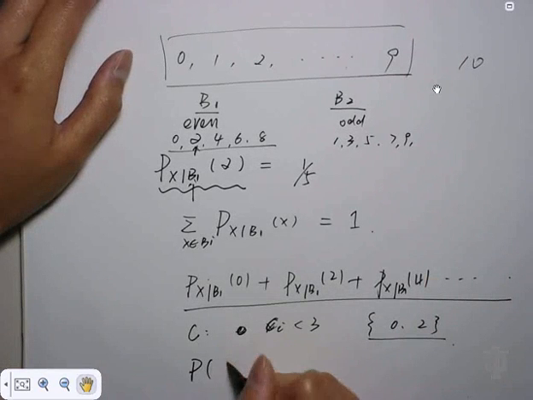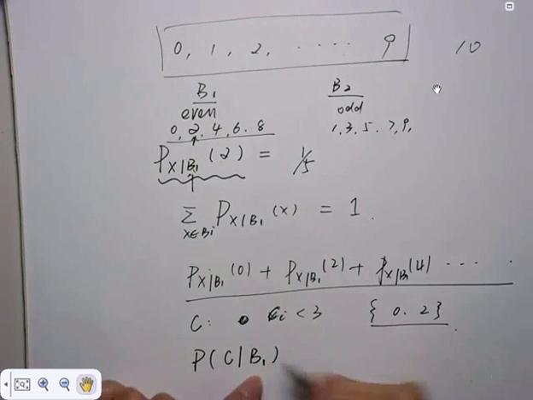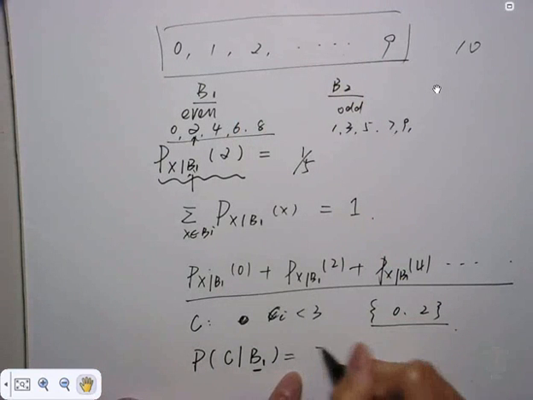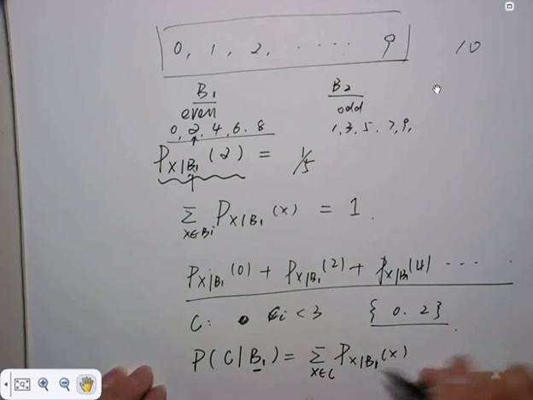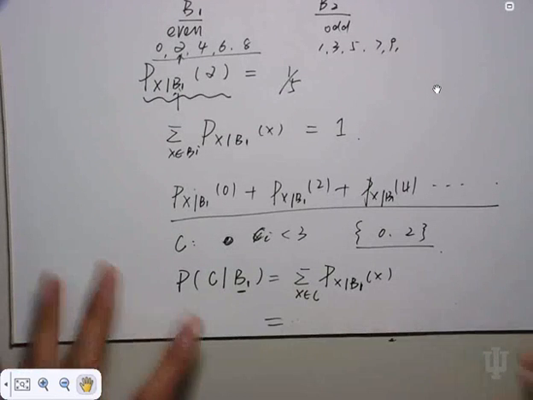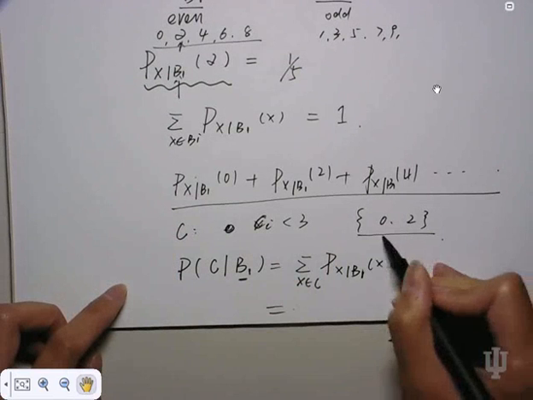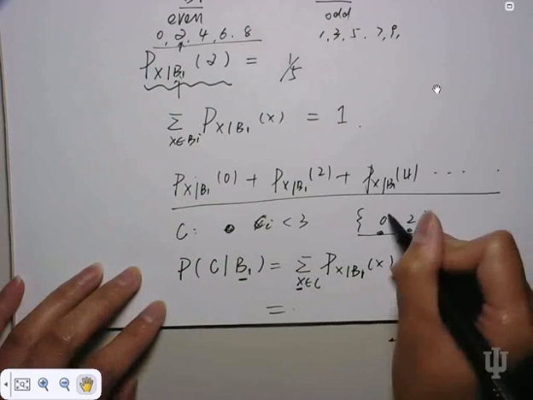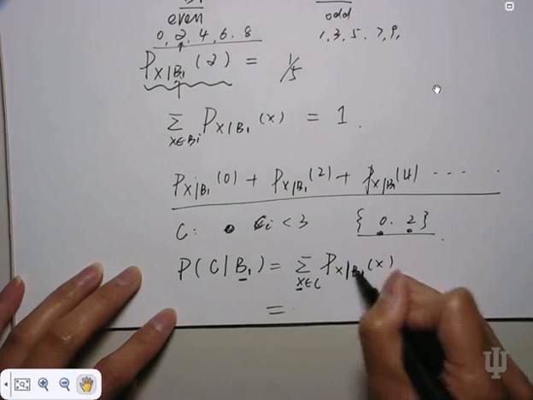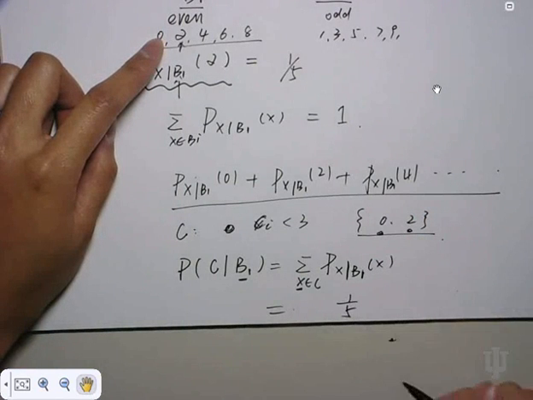So the probability of being in C, knowing it is within B1, if I write it out, for 0 I will need to find all the values x which satisfy being in C, and the probability given condition B1, knowing you're in the even set, to be a 0 is 1/5.